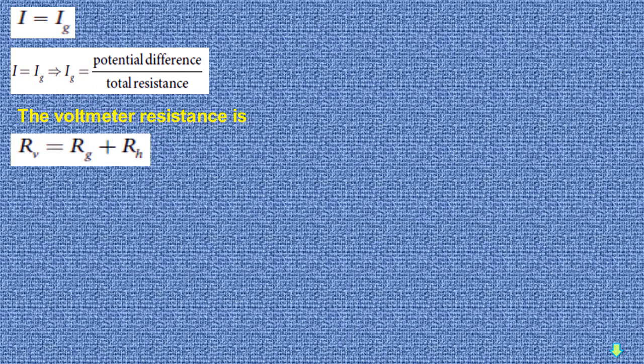Since the galvanometer and high resistance are connected in series, the effective resistance in the circuit is the sum of the resistances. Rv is equal to Rg plus Rh. This gives the resistance of the voltmeter, Rv.